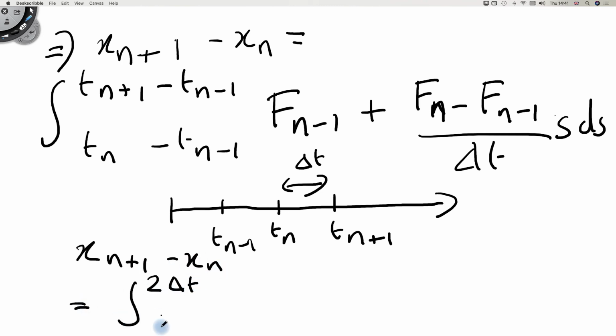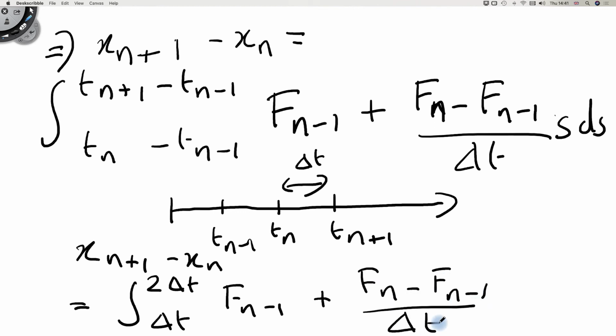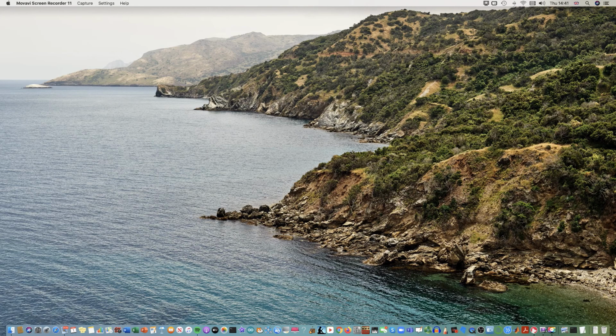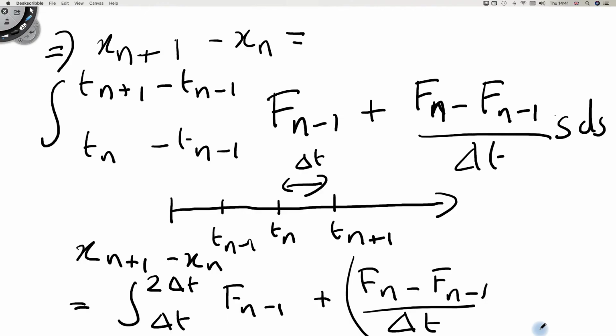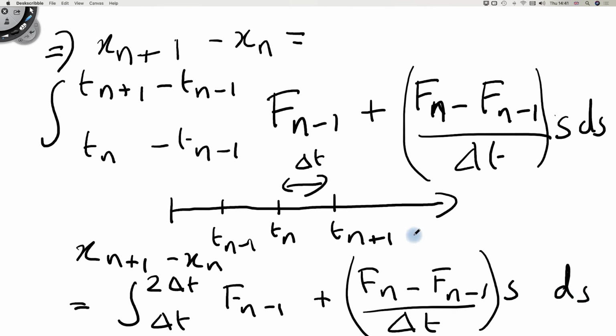the integral from delta t to 2 delta t of f_{n-1} plus (f_n minus f_{n-1}) over delta t, and I should really put brackets around there to show that it's multiplying ds. So we've got a term here, essentially a constant, so that integrates to give s. Here we've got s, so it becomes very easy to integrate now.